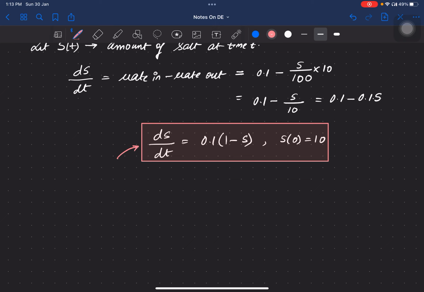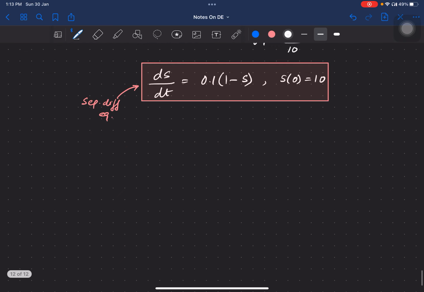So this is a separable differential equation. To bring the 1 minus S part down, dS/(1 minus S) equal to 0.1 dt.